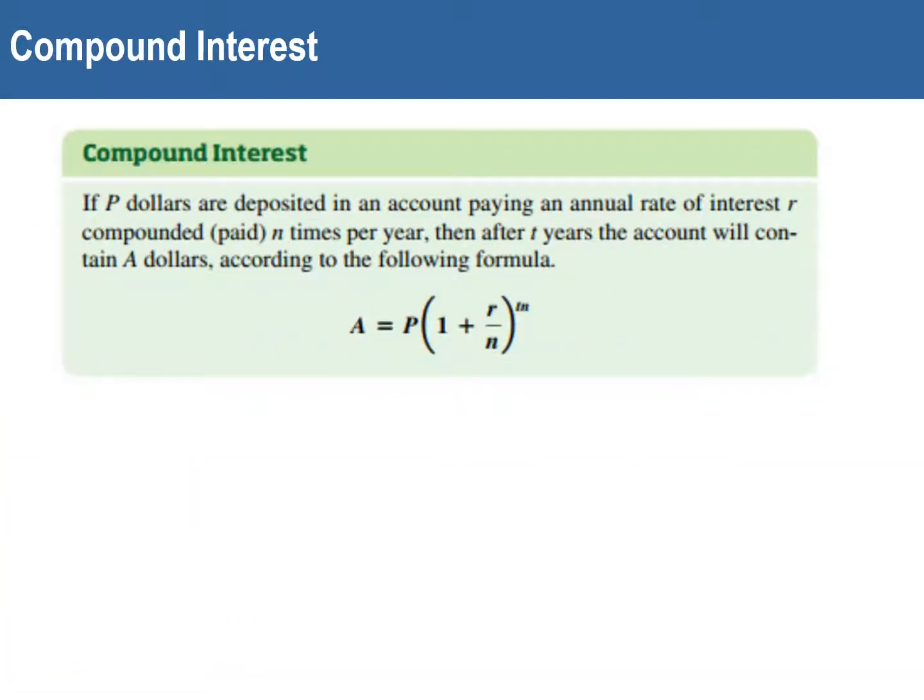Now, you do need to know this formula. You need to memorize this. Compound interest. If the amount in an account at any time t is going to equal the principal times 1 plus r, the interest rate compounded n times per year, so r divided by n, to the nt, t times n.